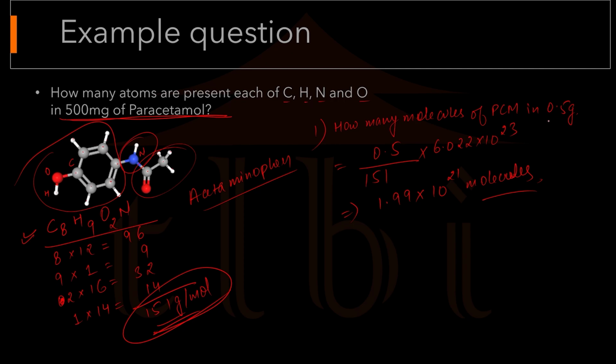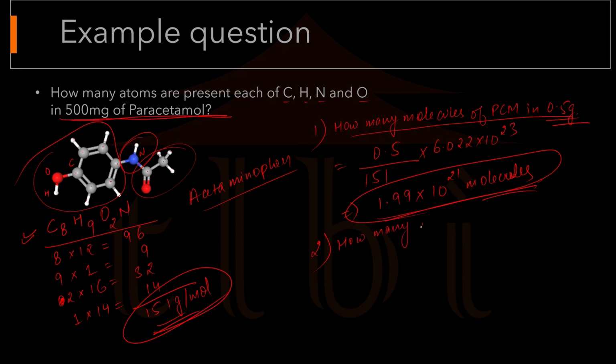So 500 mg of paracetamol will have that many molecules of paracetamol. The second part of the question, we have split the question into two parts. First we will find how many molecules, that we have found, and second how many atoms of CHNO, right?